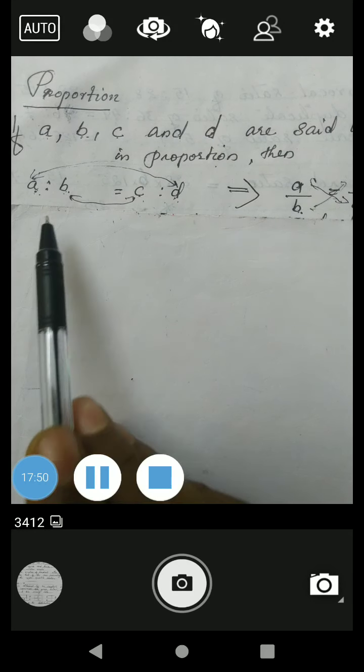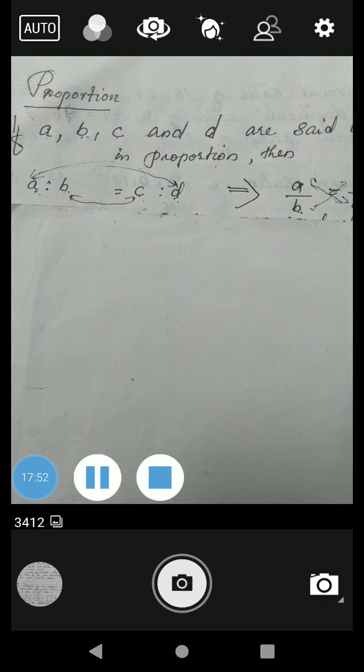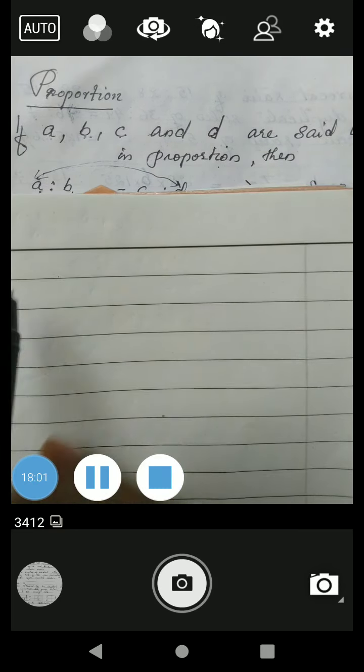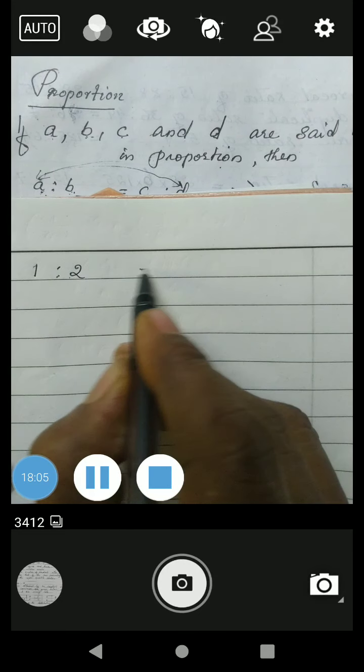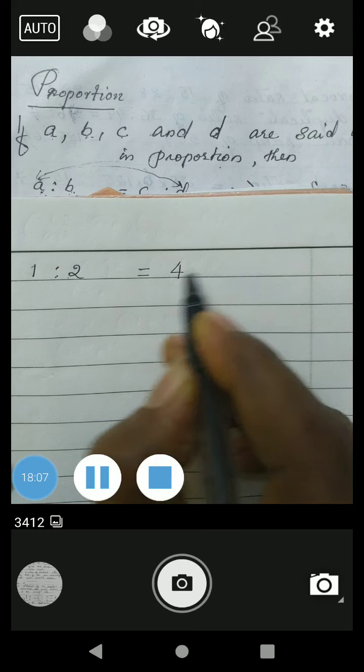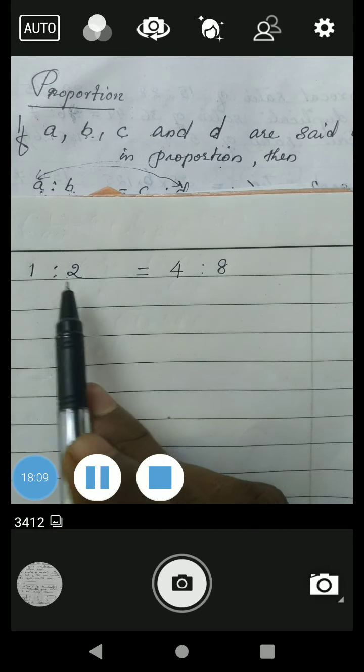If two quantities are said to be in proportion, suppose we can see, we know, look here, we know that 1 is to 2 is equal to 4 is to 8, that we know.